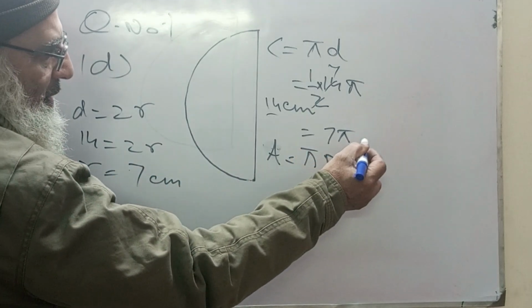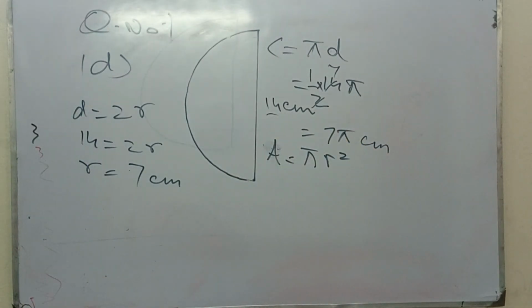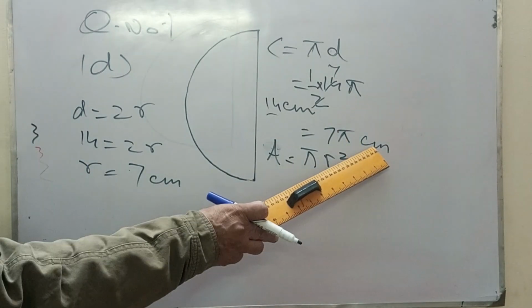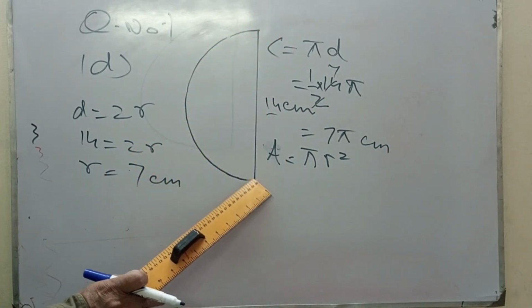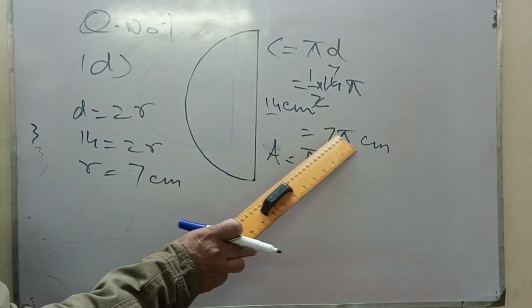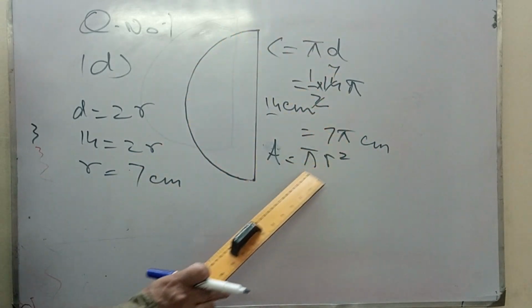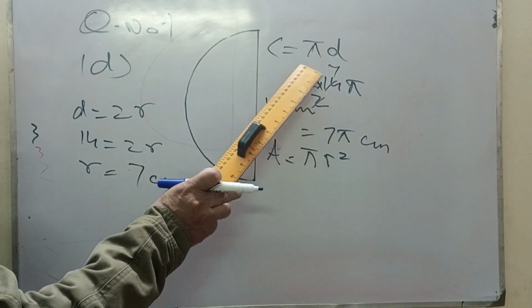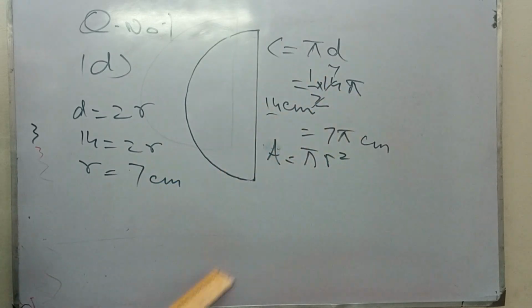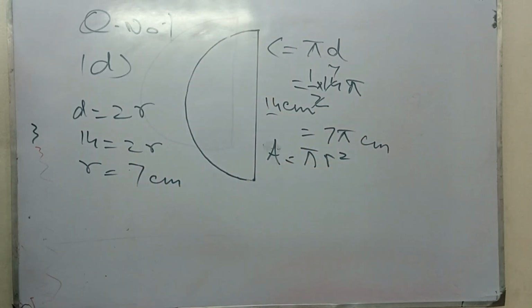Now this is in centimeter, because this is a linear measurement, from here till here. It is 7 pi centimeter. If it would have been the whole circle, the answer would have been 14 pi. But since it is half circle, it is 7 pi centimeter.